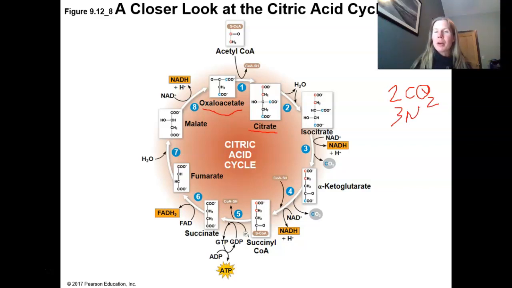The nice thing about this picture is they are showing you that those are coming out at different times. But for us, I think it's fine. Sorry, this is really messy. 3 NADH, 1 FADH, I'm just going to put an F, and 1 ATP.